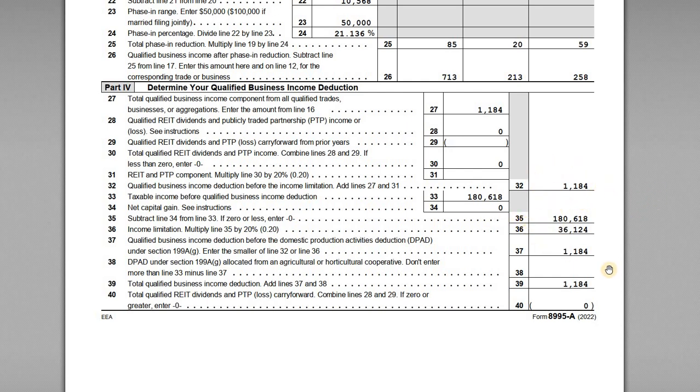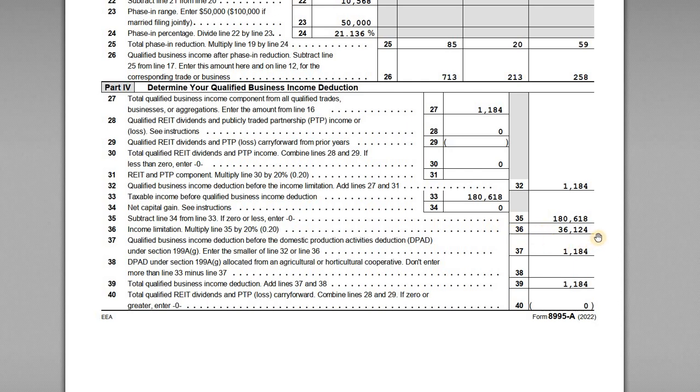Now the last remaining piece here is the overall 20% limit on taxable income. So after all this work is said and done, whatever your QBI amount is, it cannot exceed 20% of your taxable income. Right, so the taxable income before the QBI deduction is again the $180,618. We don't have any capital gains incurred during the year on John's return, so that amount is 0.